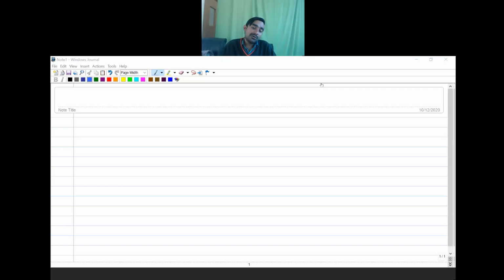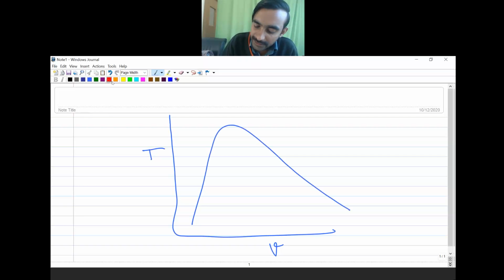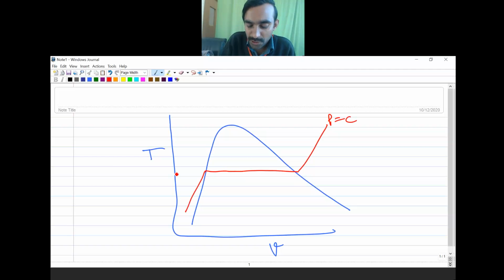When we talk about the saturated state, let me once again show with the help of a TV diagram. If I plot the TV diagram over here, this will be my liquid vapor dome, and say this is some constant pressure line. You can see that corresponding to the same value of temperature, say T1, we have the occurrence of liquid phase and also the occurrence of pure vapor phase.